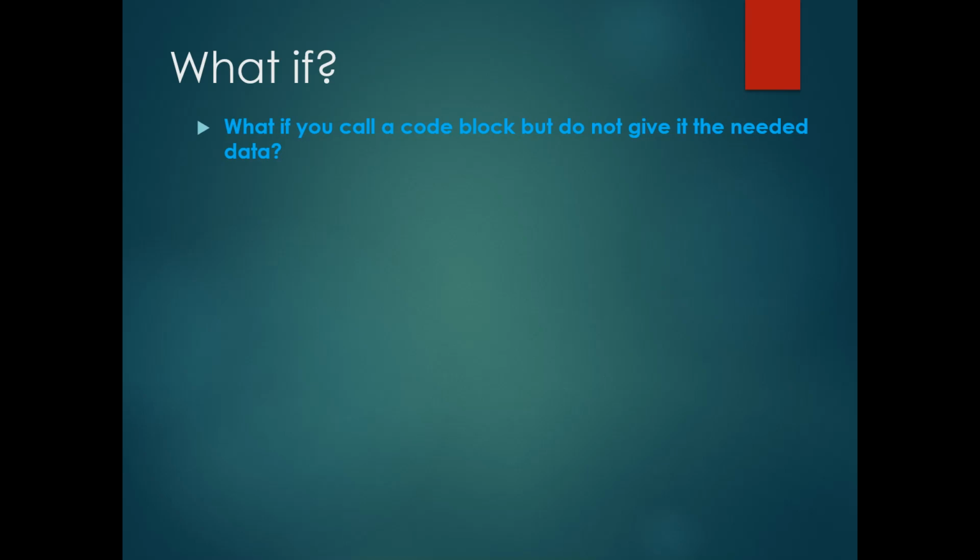So there's a couple of what ifs here. What if you call a code block but don't give it the needed data? Well, the obvious is going to happen. It's not going to compile. You're going to get a syntax error saying you didn't satisfy the contract. And the contract is very simple. The contract between a method and the programmer is this. The method says, I promise to do my job if you give me the information in order to do that job.